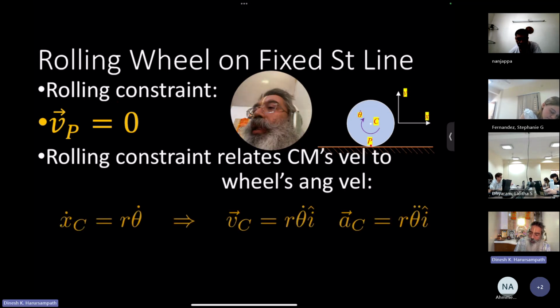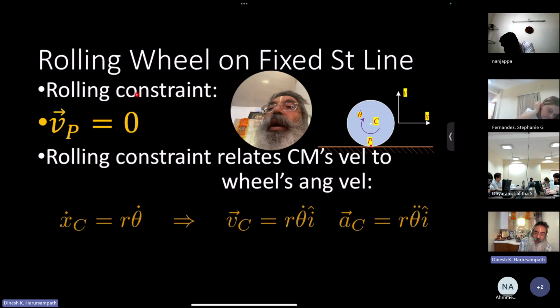So the rolling constraint relates the center of mass's velocity to the wheel's angular velocity. Because of this condition, the rolling constraint, we can utilize that to correlate what we have introduced, namely theta dot and xc dot.